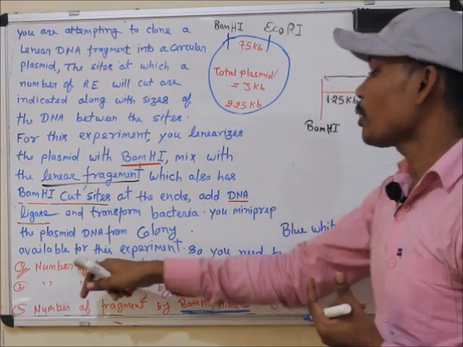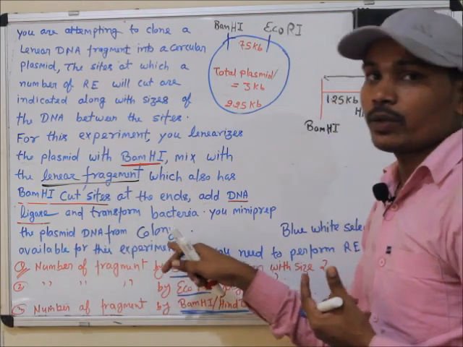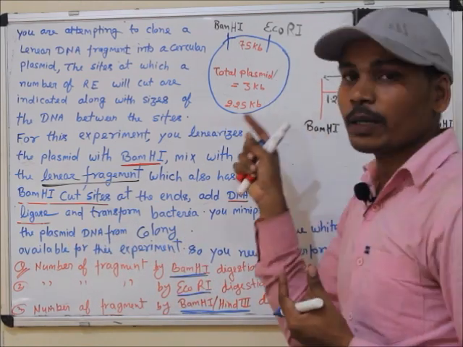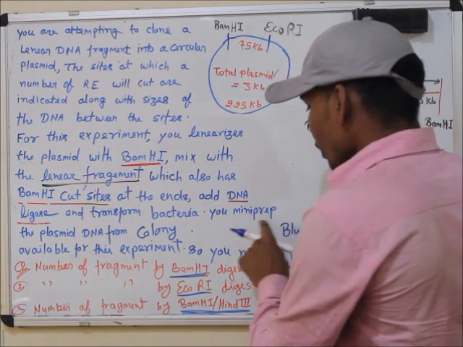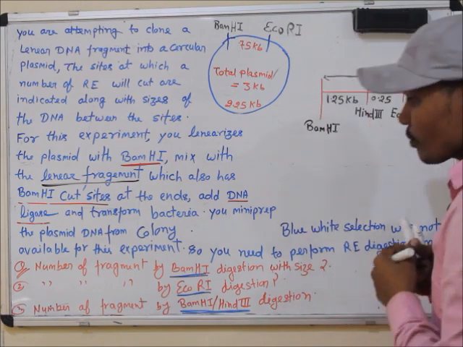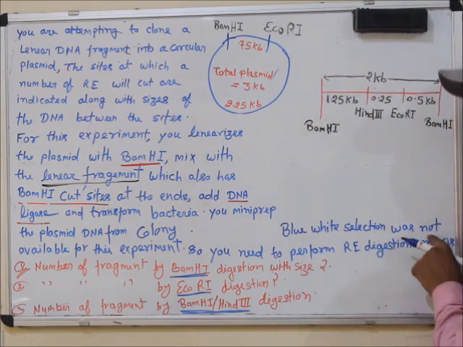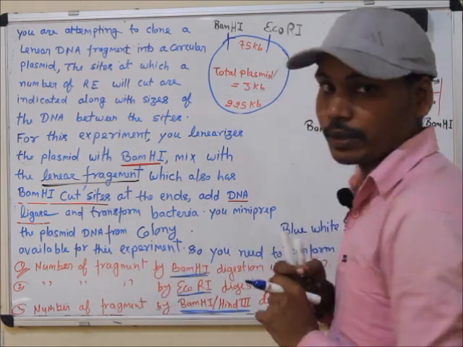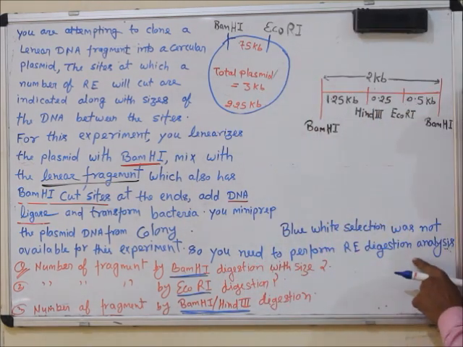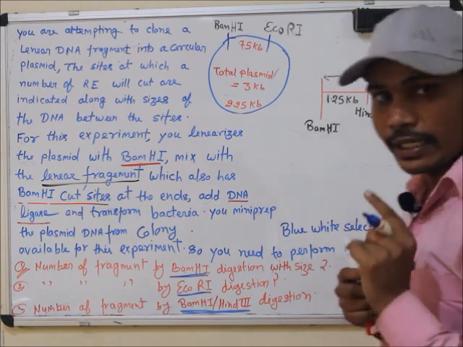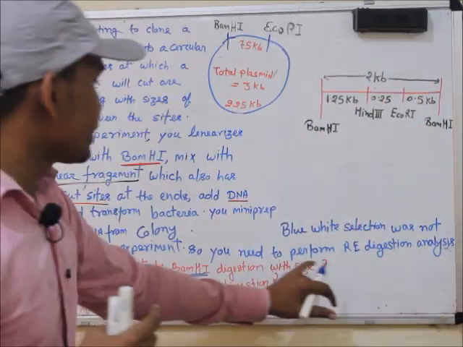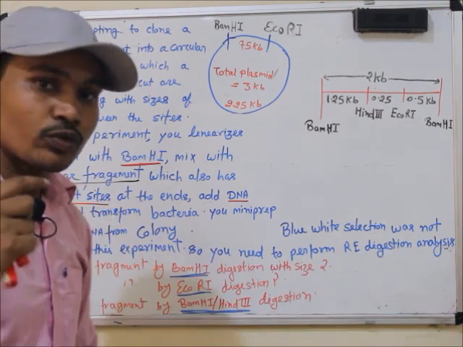After transformation, we mini prep the plasmid. Blue-white selection was not available for this experiment, so you need to perform restriction endonuclease digestion analysis.